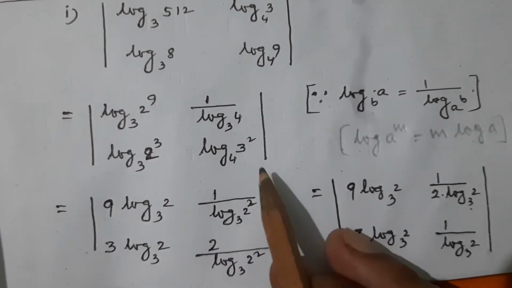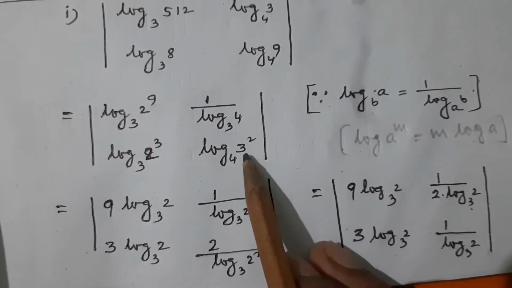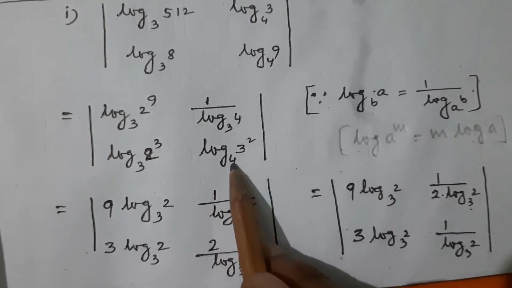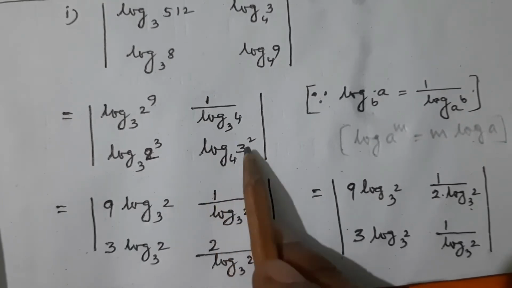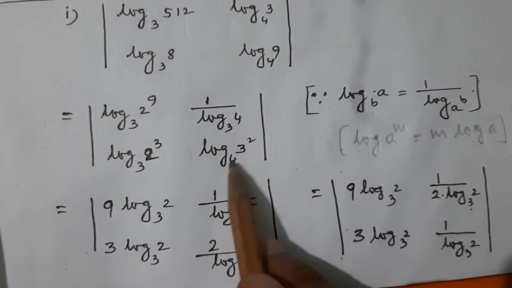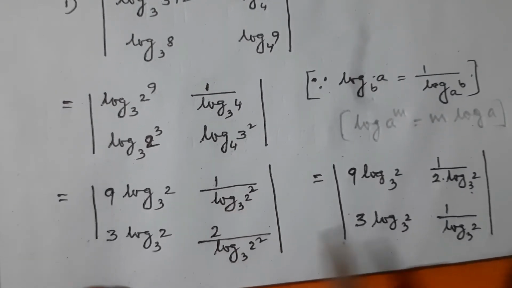Minus, log 3 square to the base 4 can be written as 2 log 3 to the base 4. And log 3 to the base 4 can be written as log 4 to the base 3, and 4 can be written as 2 square, log 2 square to the base 3.